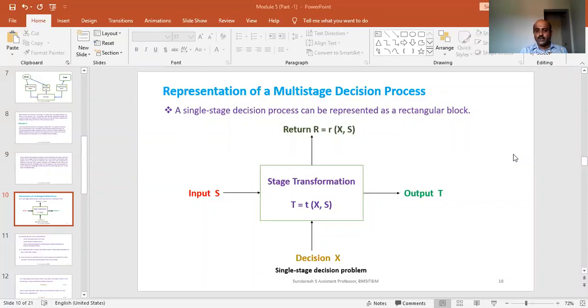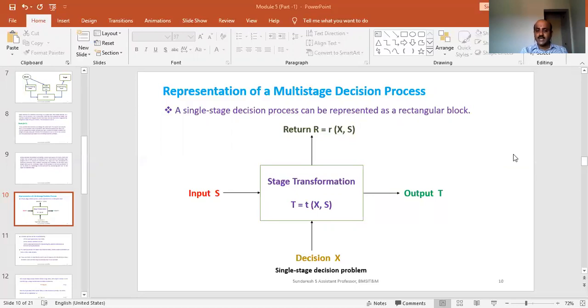This rectangular block consists of four important elements: one is the input, second is the decision, third is the output, and the fourth is the return. We represent them with different letters: input or data as S, decision as X, output as T, and return as R.